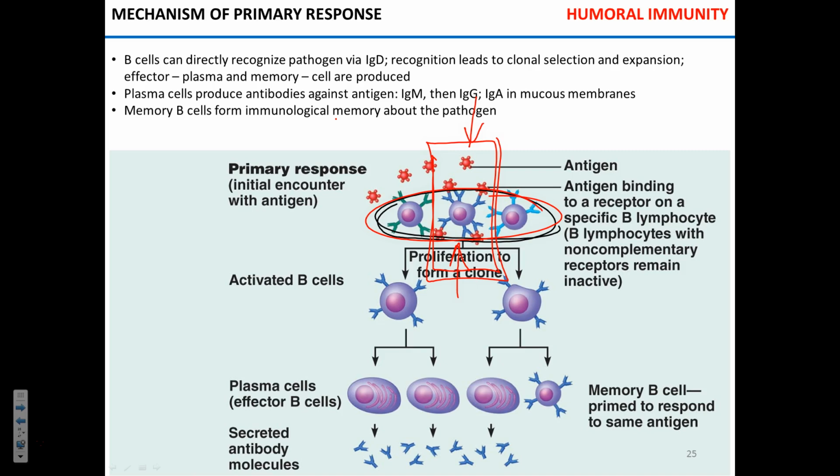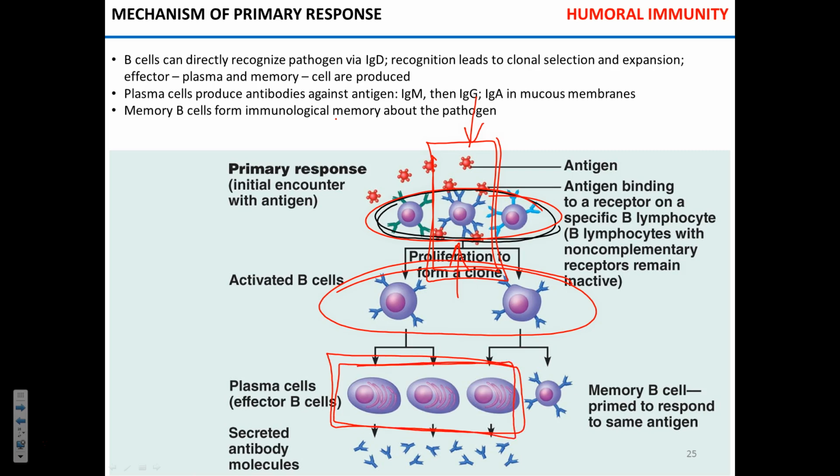When clonal selection happens, clonal expansion starts. B cells start to proliferate and differentiate. So they become more numerous and they also specialize. B cells differentiate into plasma cells and memory B cells.